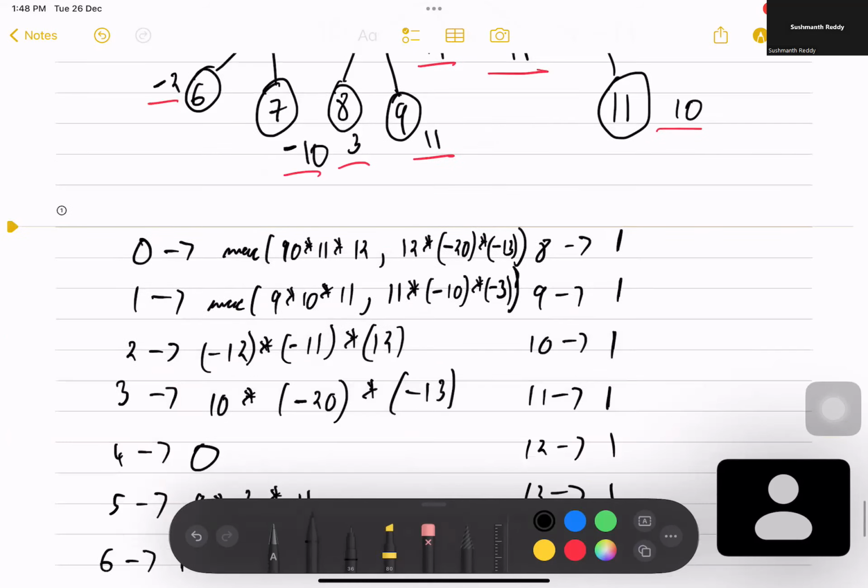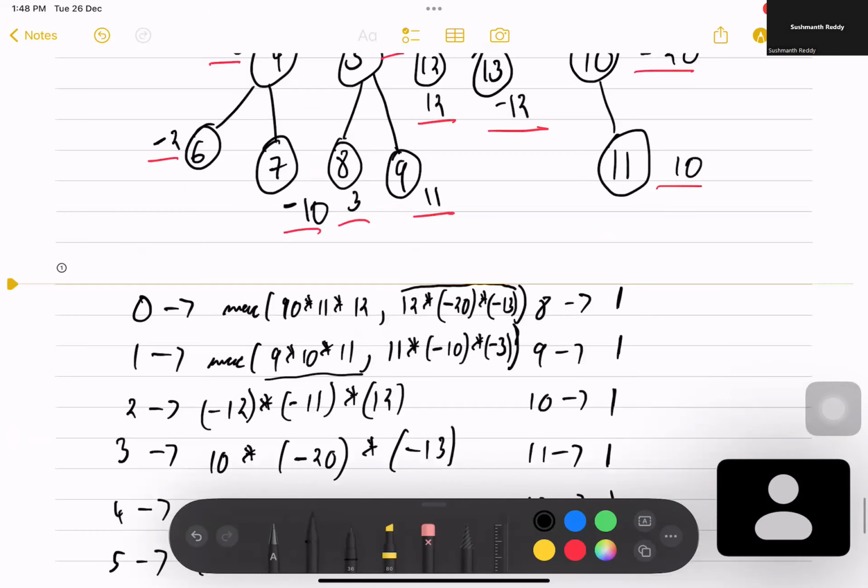So this would be the result of 0. If we look over, this is the maximum value in this part, and in the lower scenario, this is the maximum value. So this way we can solve the problem.